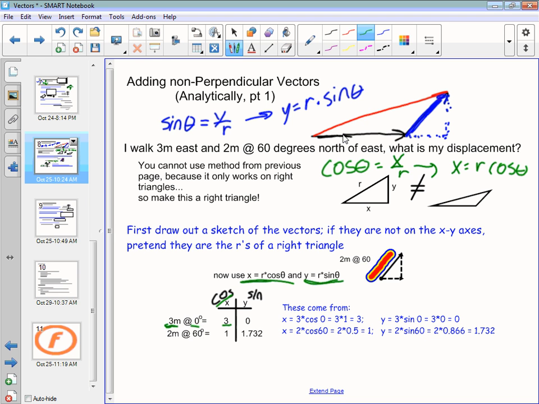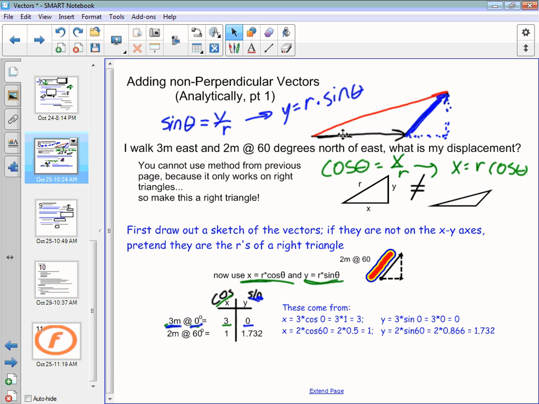If I want to get the y component, I'm going to say 3 sine 0. And what's that going to be? 0. Ta-da, right? Whether you needed it for that one or not, that might help.